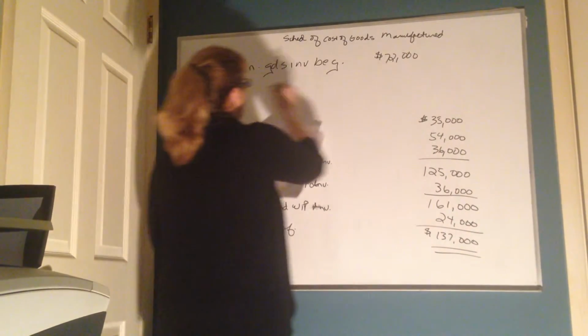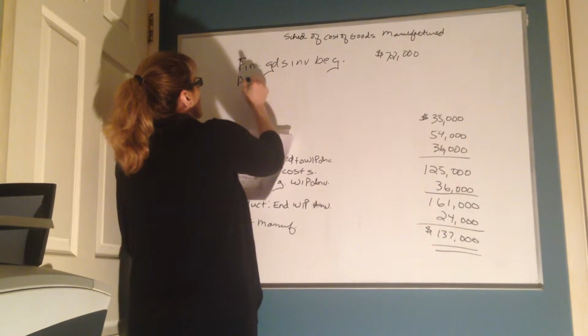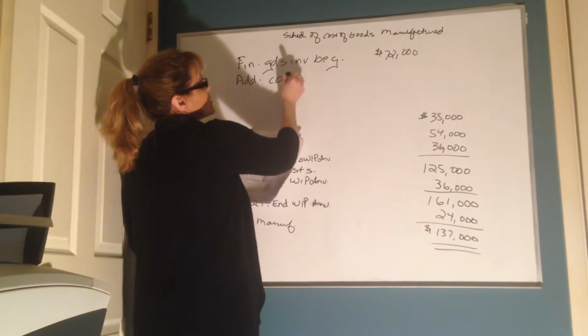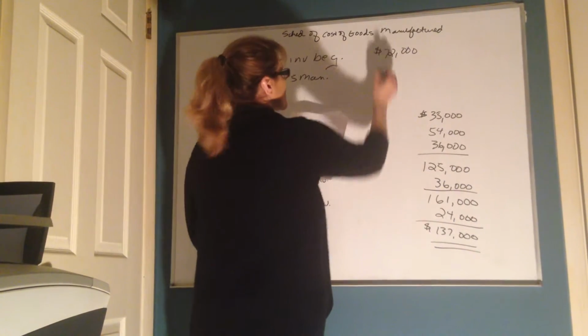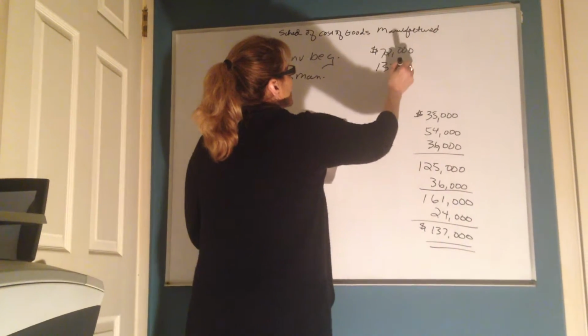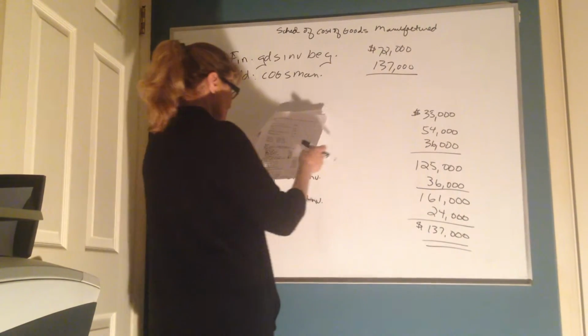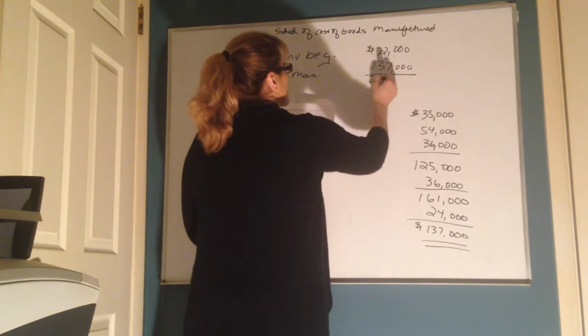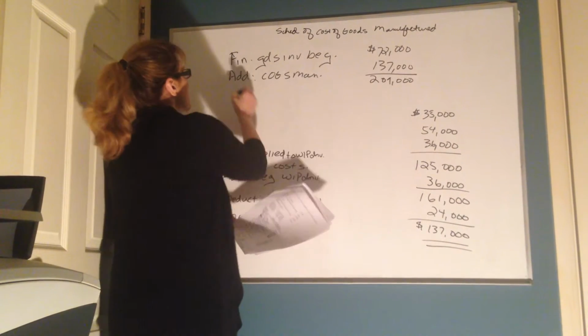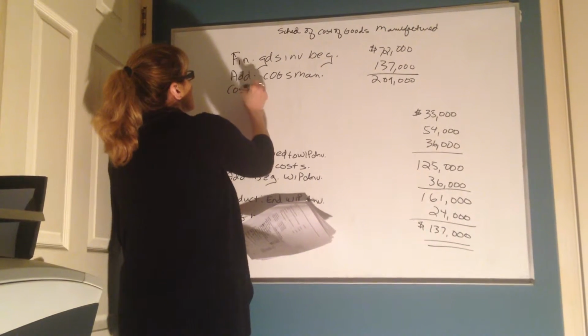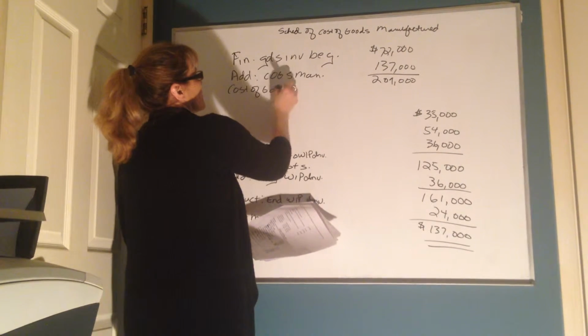We're going to add our cost of goods manufactured, and we figured that out. That was 137,000. And if we add those two together, we will get 209,000. That's our cost of goods available for sale.